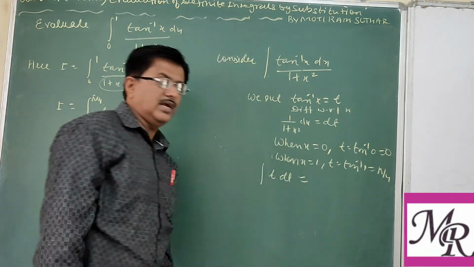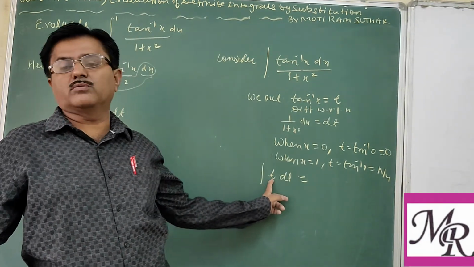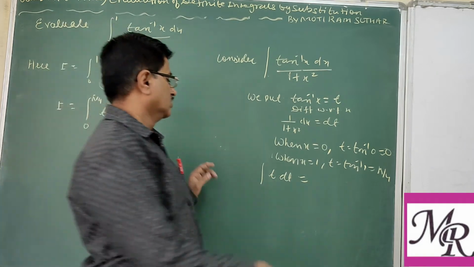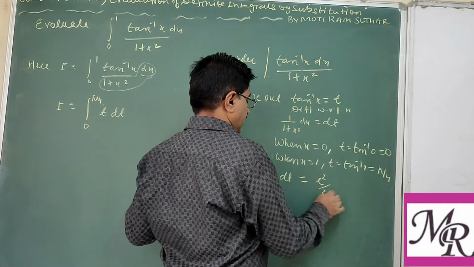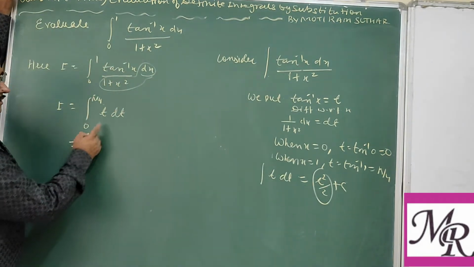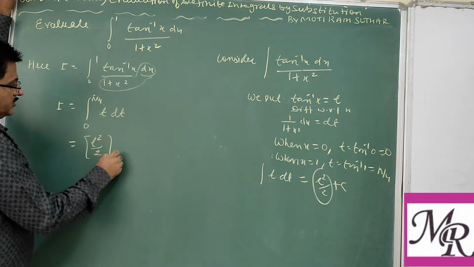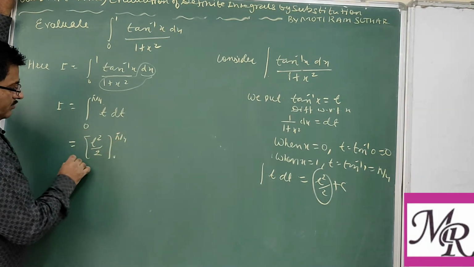If you calculate it as an indefinite integral, then the integral of t, using the formula for x power n, is t power 2 by 2 plus c. So our answer will be t power 2 by 2 with the new limit 0 to pi by 4.